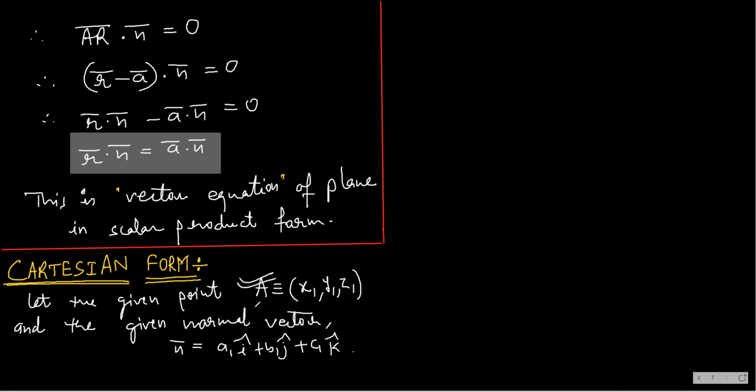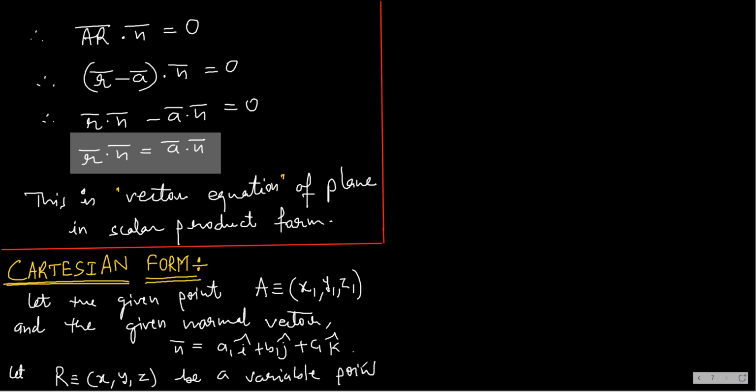These two are given to us. Now I shall assume the variable vector. Let R, which is x comma y comma z, be a variable point on the plane.